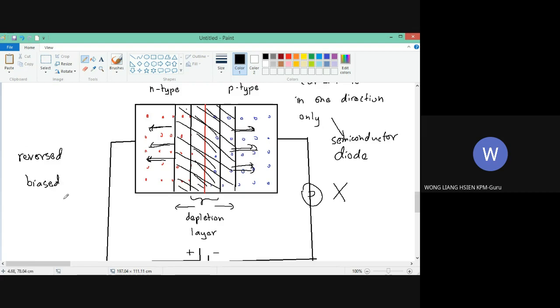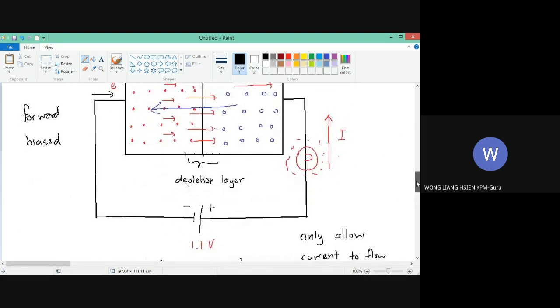Okay, so the symbol for the semiconductor diode is very simple. The symbol for a semiconductor diode is an arrow. This arrow shows the direction of the flow of the current.